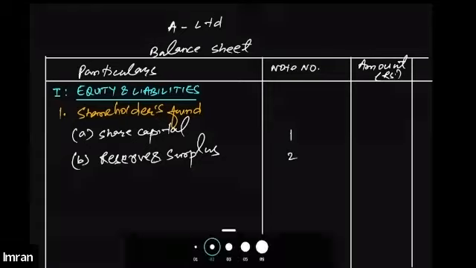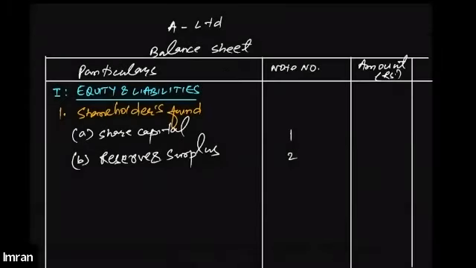All right, then after this, we need to write down the current liabilities as well, because this time we have calls in advance as well now, so we need to write that under the current liability column.